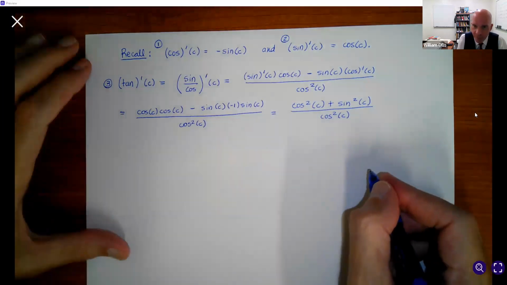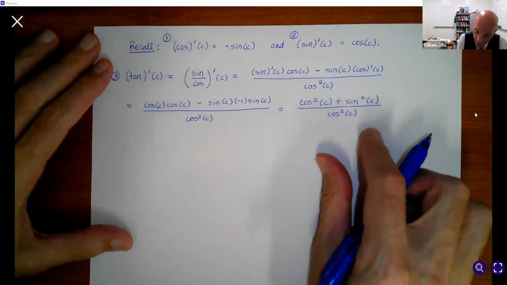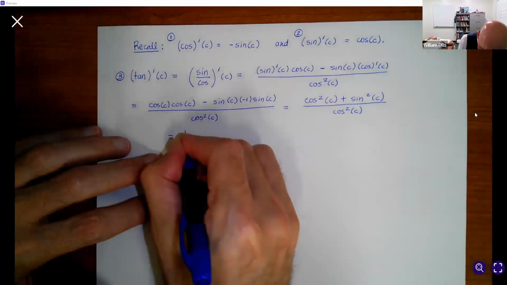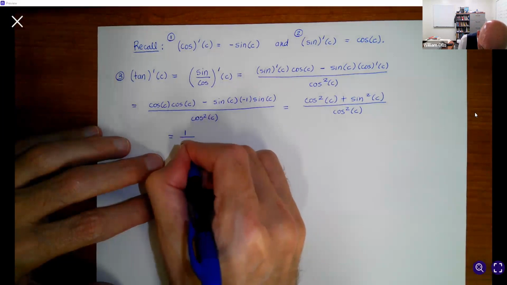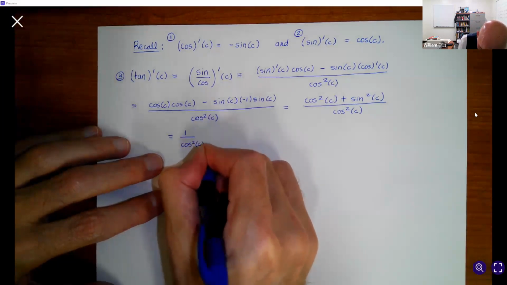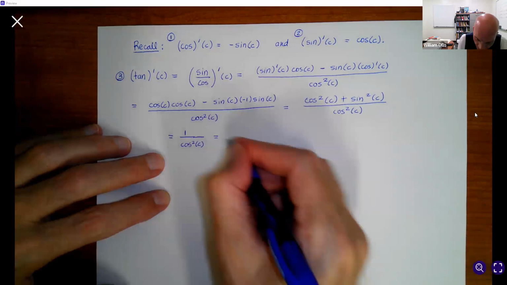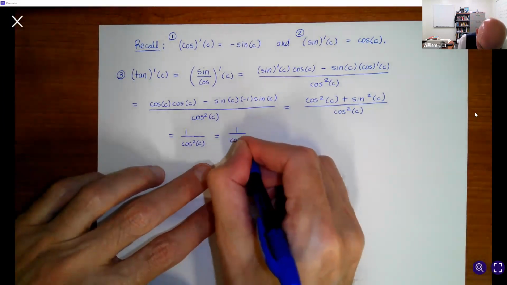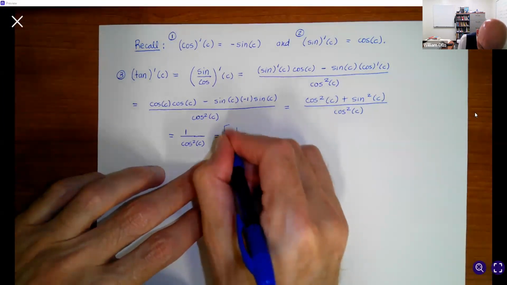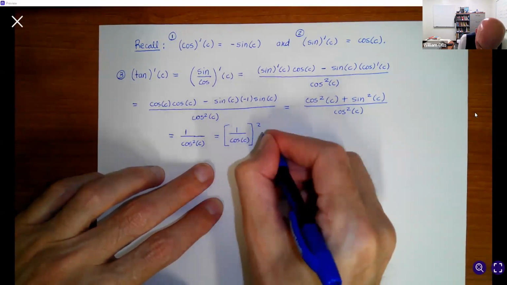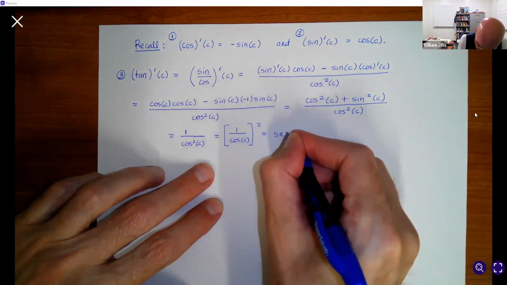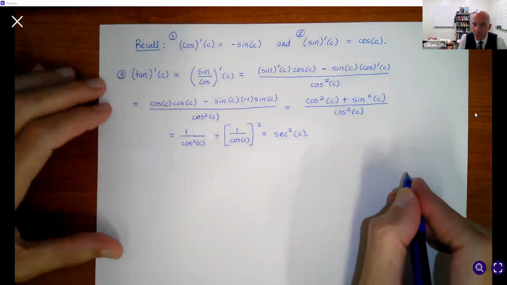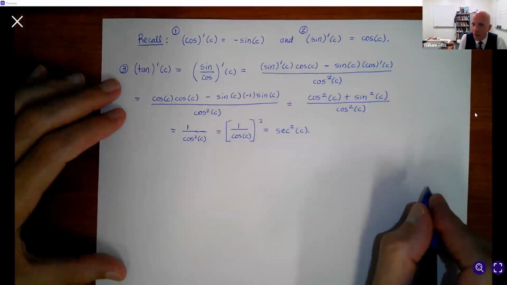So we're like, well, this is nice. And so, of course, the fundamental identity is 1. So we have 1 over cosine squared. And if you like, you can write this as 1 over cosine and just square the whole thing. So this gives us secant squared at C. Now, I said I was going to list them all, but of course I started deriving it.